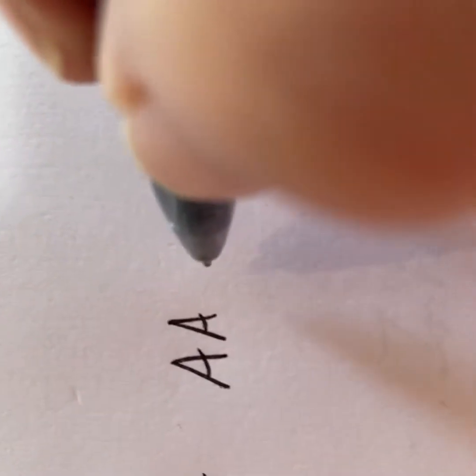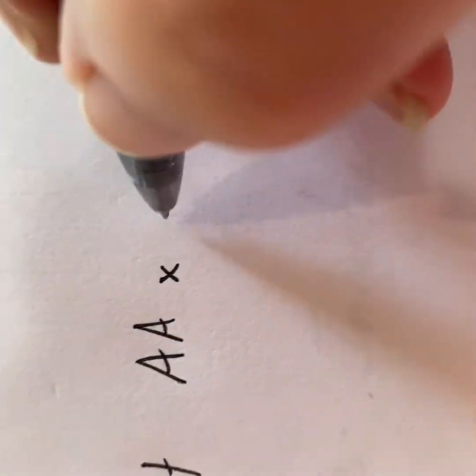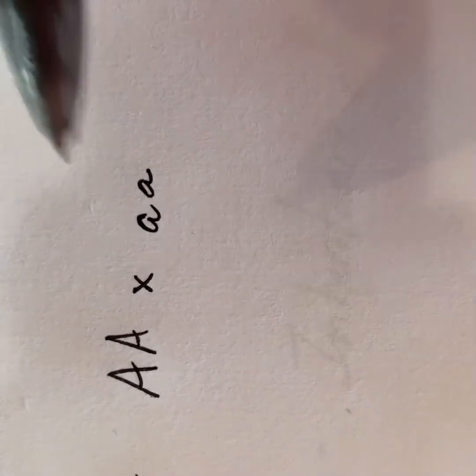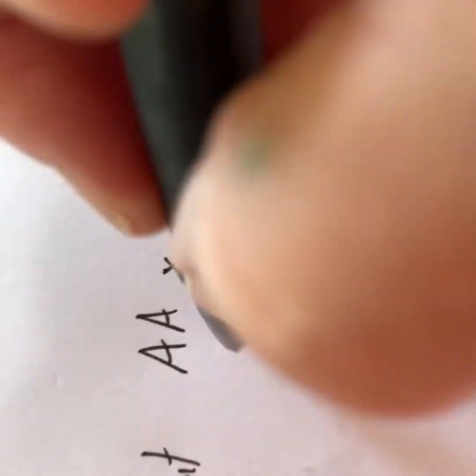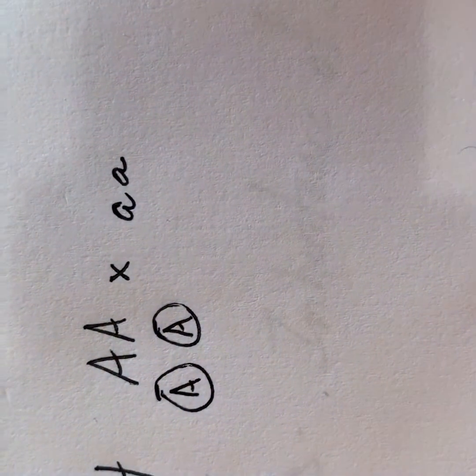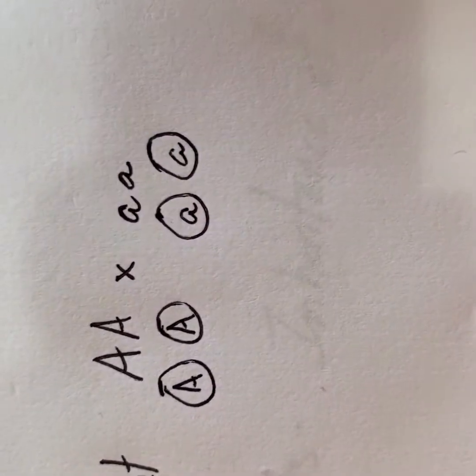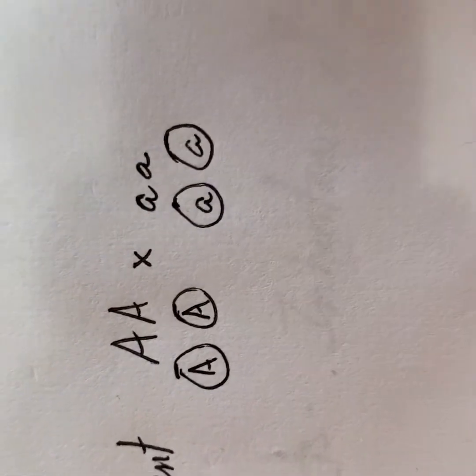So let's suppose that we have one parent who's homozygous dominant and one parent who is an albino. Well, we know this parent can only produce big A gametes. This parent can only produce little a gametes.